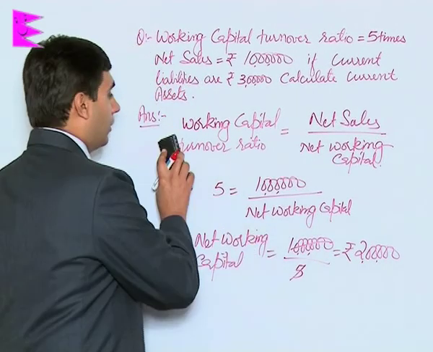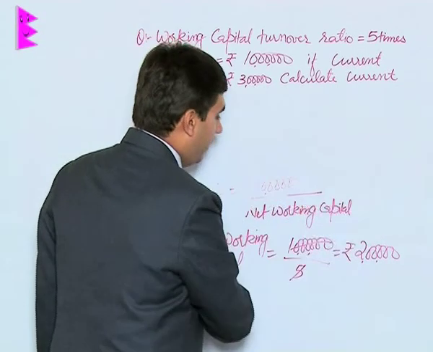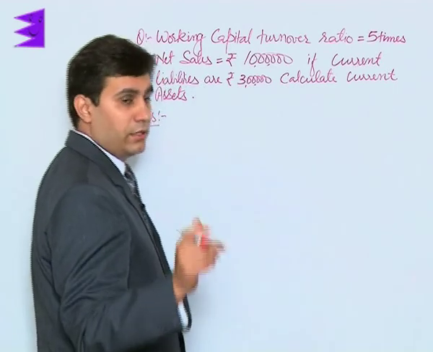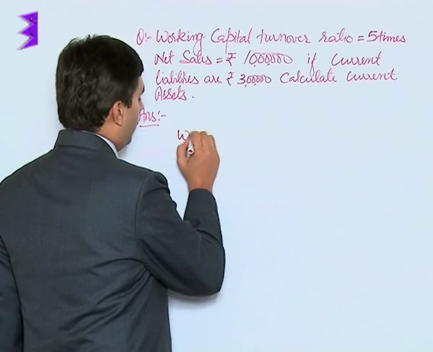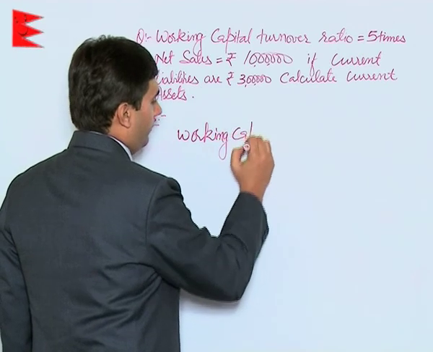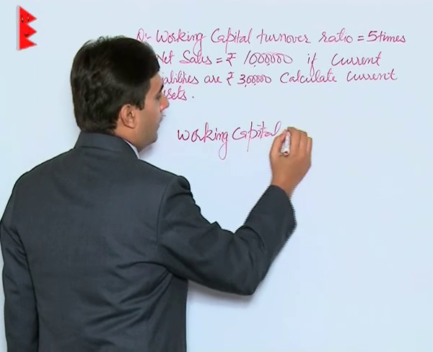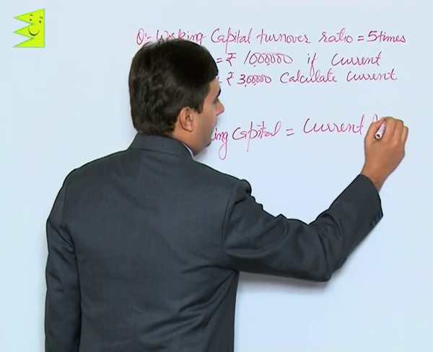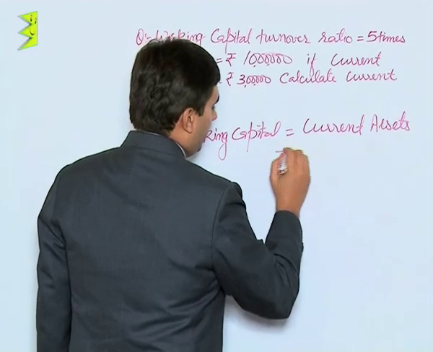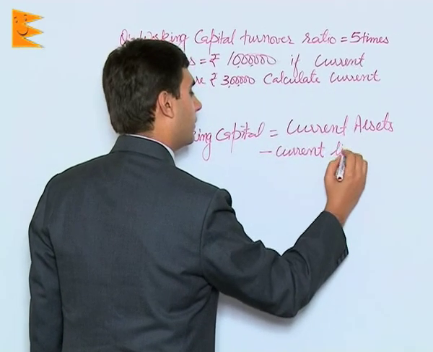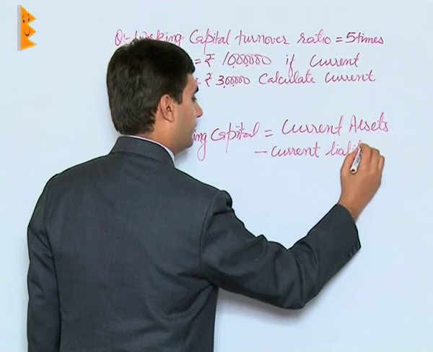We know that working capital itself can be calculated as a difference of current assets and current liabilities. So, working capital is equal to current assets minus current liabilities.